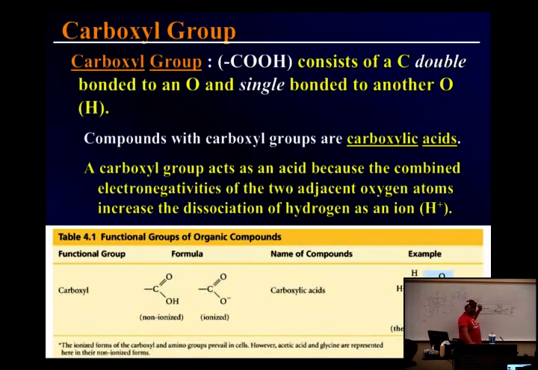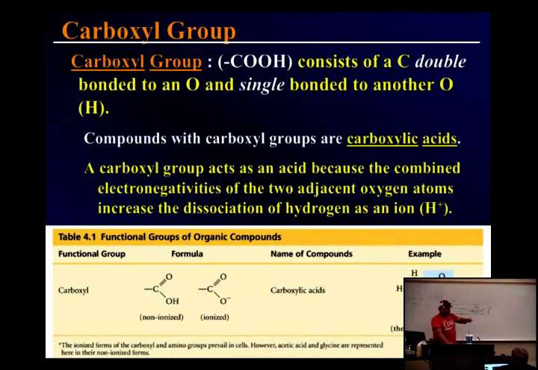An acid is something that, by definition, donates H pluses into the solution. So what's this doing? H plus. So then that, by definition, is an acid, right? So, everybody get it? All right.